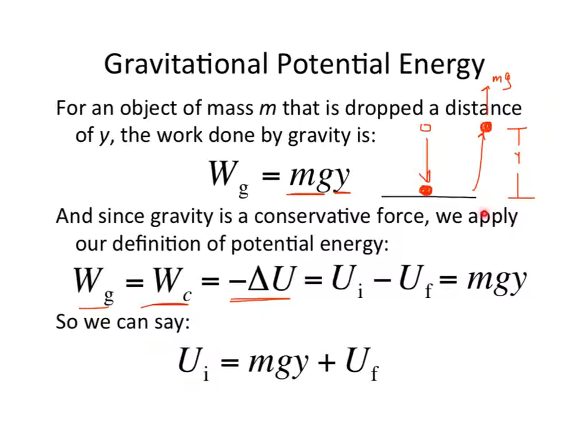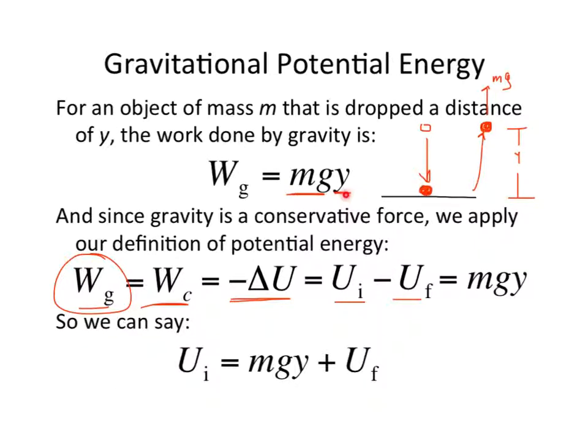So wherever we have change, it is final minus initial, right? But if it's negative change, then that means it's initial minus final. And so since all this equals the work done by gravity, we can say that the initial potential energy minus the final potential energy equals that work that is done by gravity.